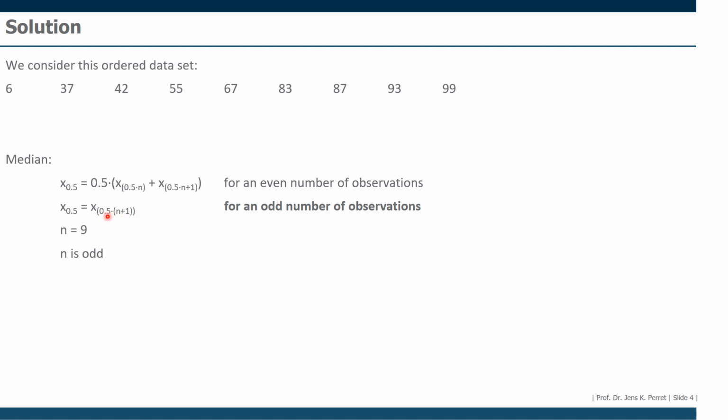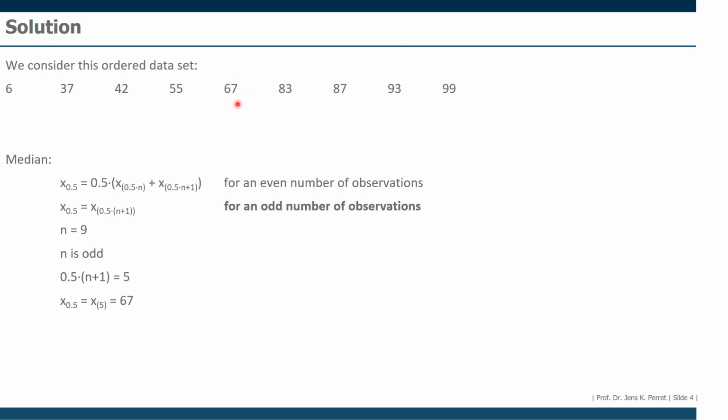Here we need this index: 1/2 times (n plus 1), meaning in our case 1/2 times 10, which is 5. So the median is nothing else than observation 5, which in our data set is the 67.